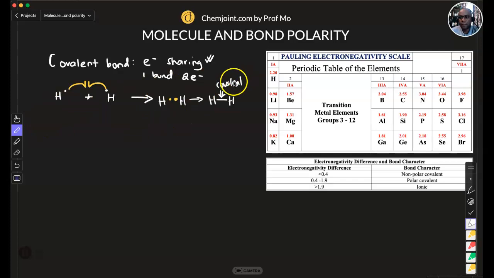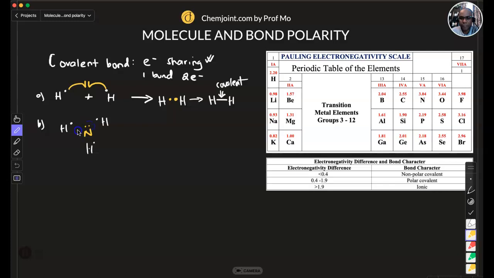That bond is going to be called covalent because it came from sharing. The same thing can happen. Covalency can also happen with three hydrogens pairing up with the three valence electrons in nitrogen.